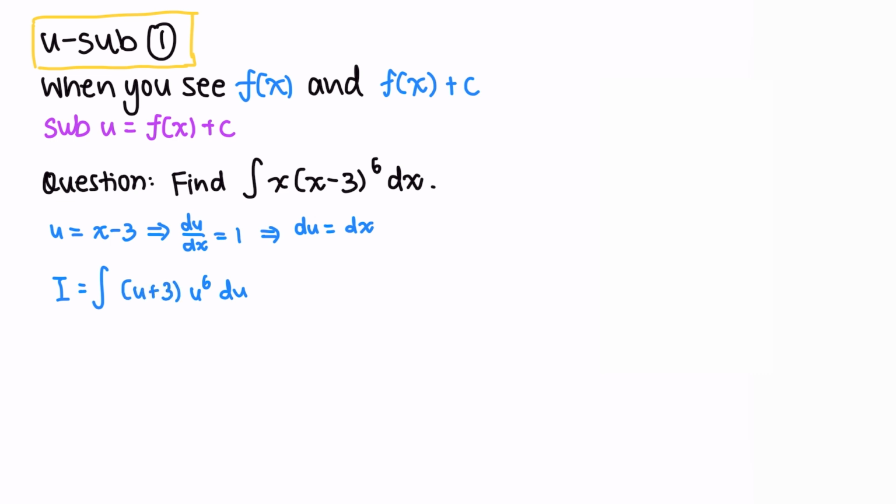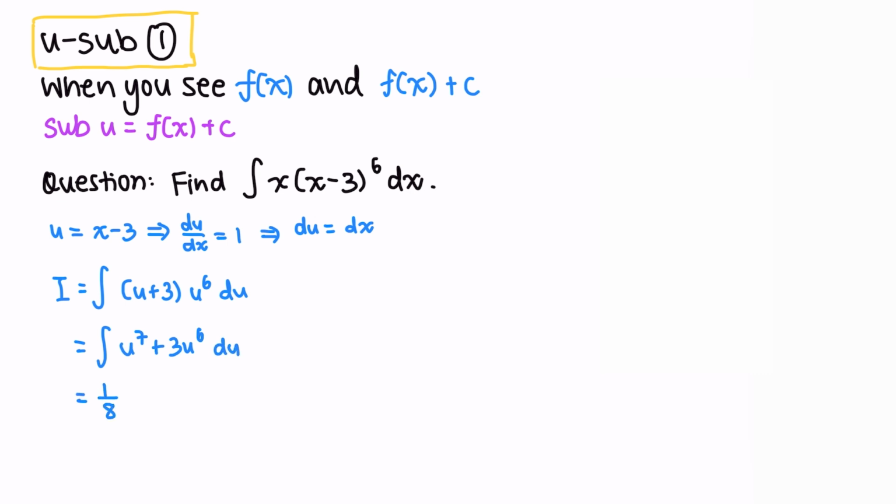Now we want to replace the x in terms of u so that we can do this integral, because this integral is supposed to be entirely in u. And if you look here, instead of doing this very long binomial expansion, we have this very easy rainbow expansion. That's why I will use a u sub for this. So this becomes the integral of u to the power of 7 plus 3u to the power of 6.